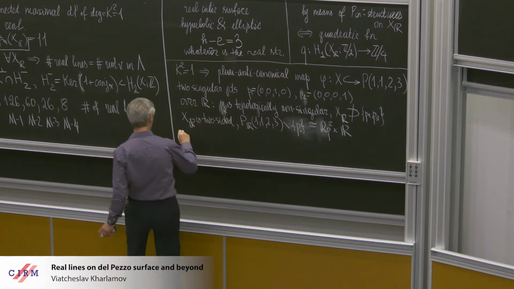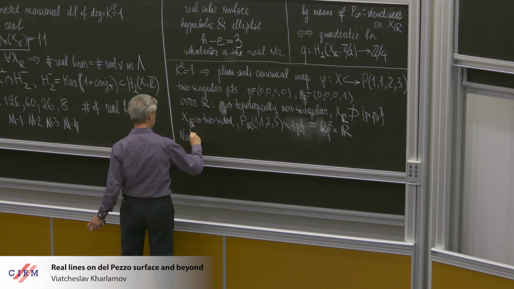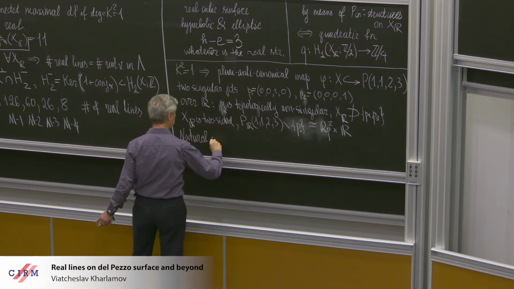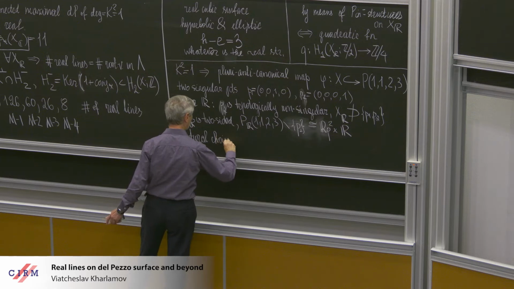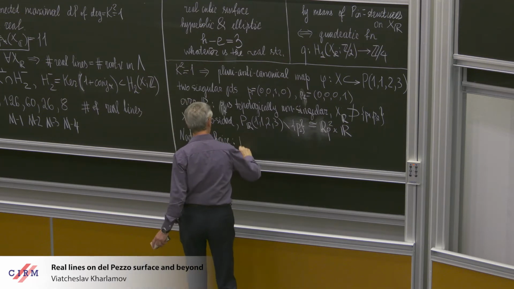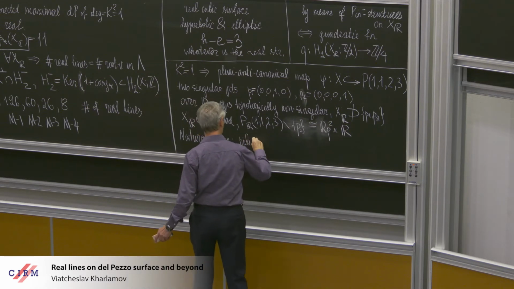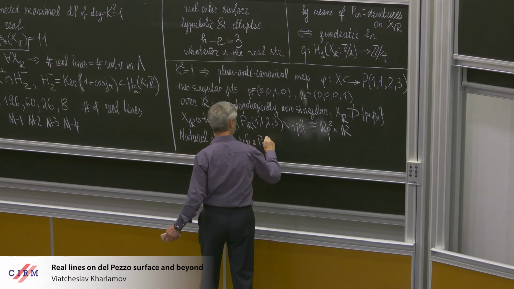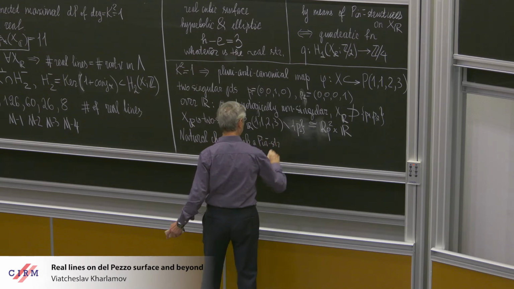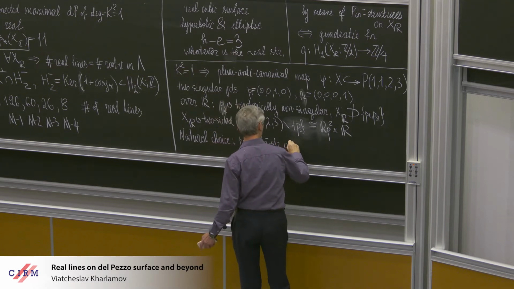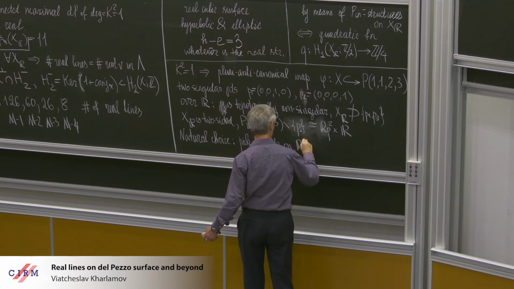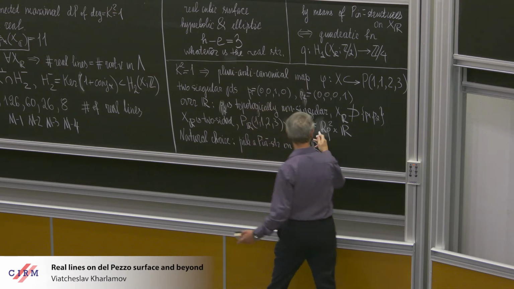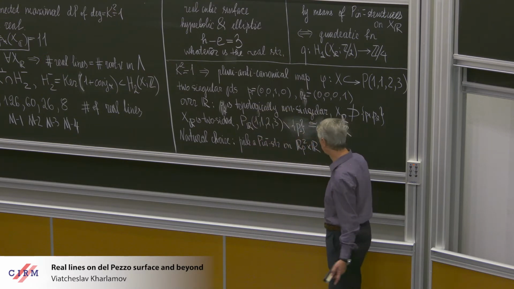So now the natural choice. So pick pin-minus structure on RP2 times R, which is essentially pin-minus structure on RP2.